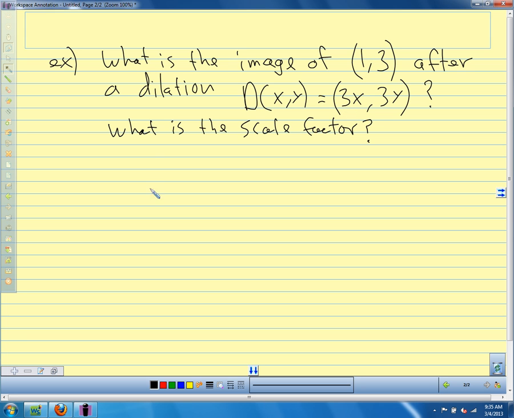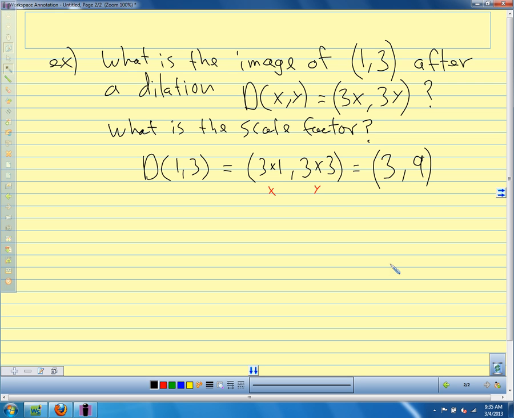So our dilation D of our point is just 3 times 1 for the x and 3 times 3 for the y. So this is my new x and this is my new y. Well, 3 times 1 is just 3 and 3 times 3 is 9. So that's my dilation.